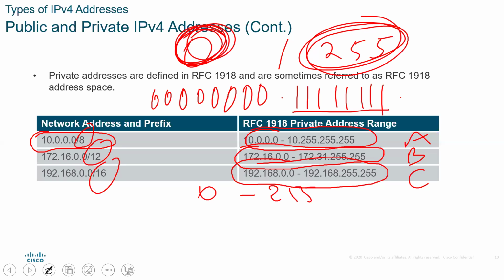Okay? So the concept of private IP addresses is just to help conserve the number of IP addresses. Since they cannot be routed over the internet, you can only just use them locally. So if they need to go out to the internet, they will need them to be translated.